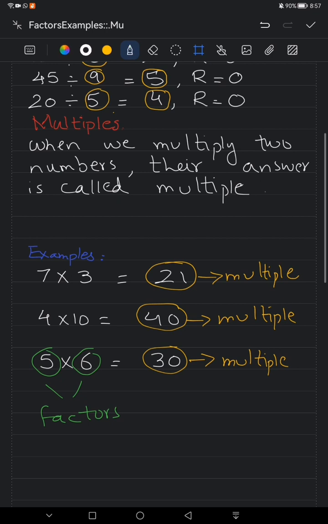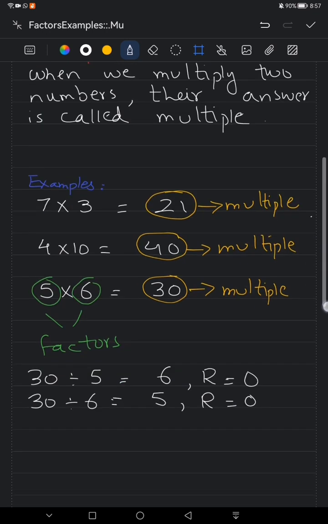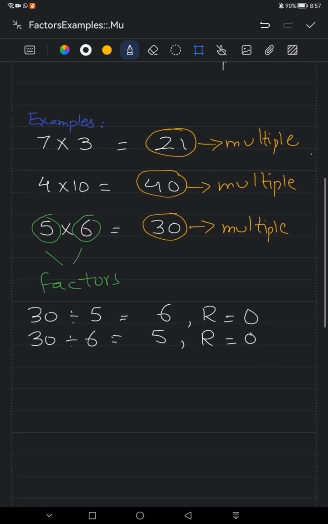Why? Because when I divide 30 by 5, the answer I get is 6. Remainder is 0. Or for that matter, if I divide 30 by 6, the answer I get is 5. Remainder is 0. So they both are connected. Factors and multiples are connected to each other. When we multiply two numbers, the answer we get is a multiple, and the numbers which we are multiplying are basically the factors of that multiple.